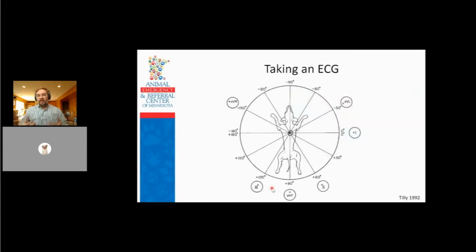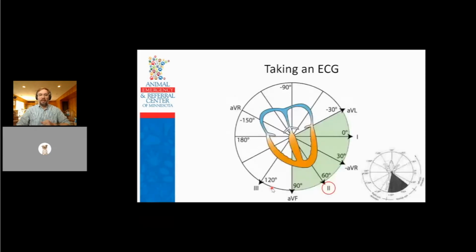When you take an EKG, we all know there are different leads that we can select on the monitor. I think about it in the dog in this anatomic position. If we think about the heart superimposed on this, most of the left ventricle is on this side here, kind of like an X-ray. The left ventricle has more mass than the right ventricle, so when a signal goes through the heart, there's more of it going through the left ventricle than the right, or at least that's the way I think about it.